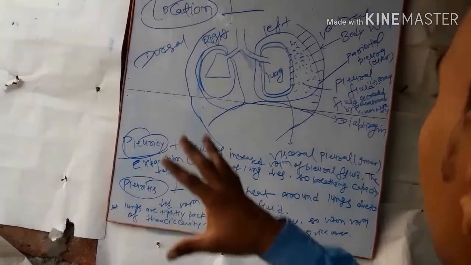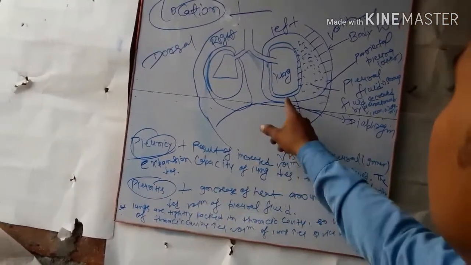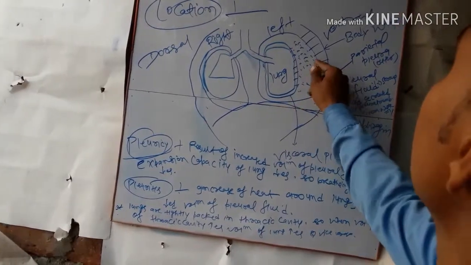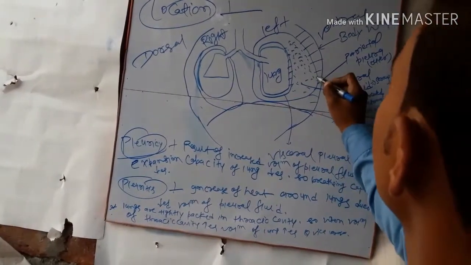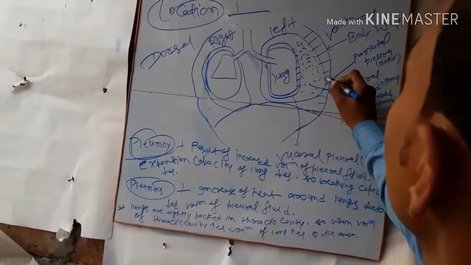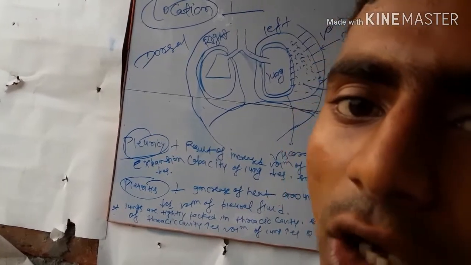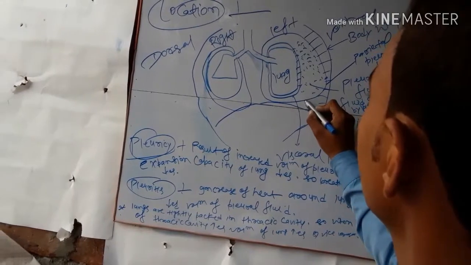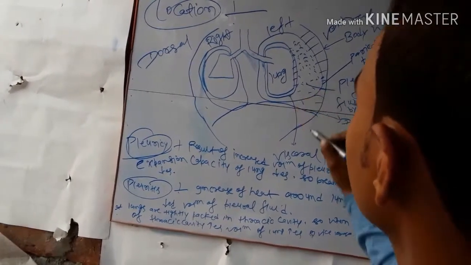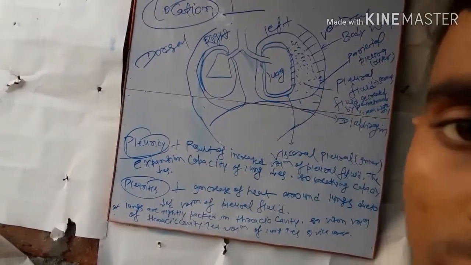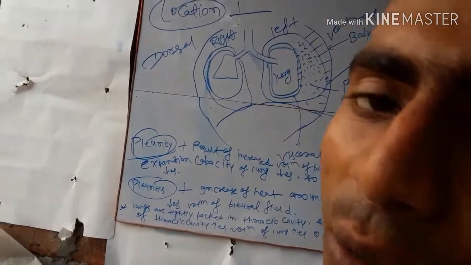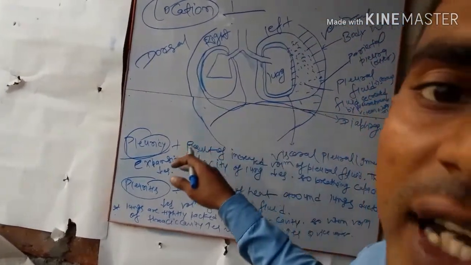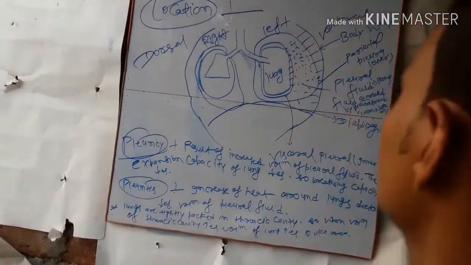In the lung, two layers are present. This is the parietal pleura, the outer layer of the lungs, and this is the visceral pleura, the inner layer of the lungs.